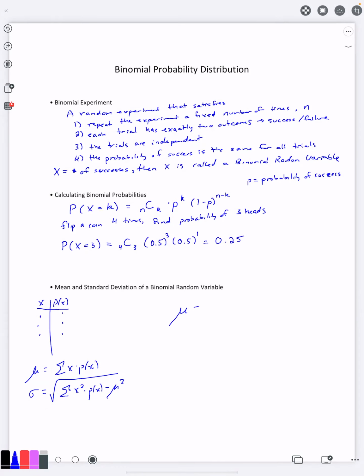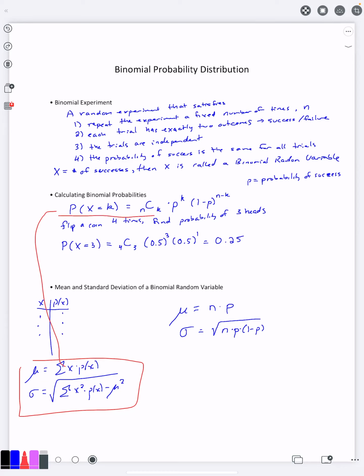The mean for any binomial random variable is going to be your number of trials multiplied by the percentage chance of success, and your standard deviation is going to be the square root of n times p times 1 minus p. So it turns out if you do all these complicated formulas over here and combine that with the formula for the individual probabilities, the double complication makes itself cancel out and it makes it simpler.